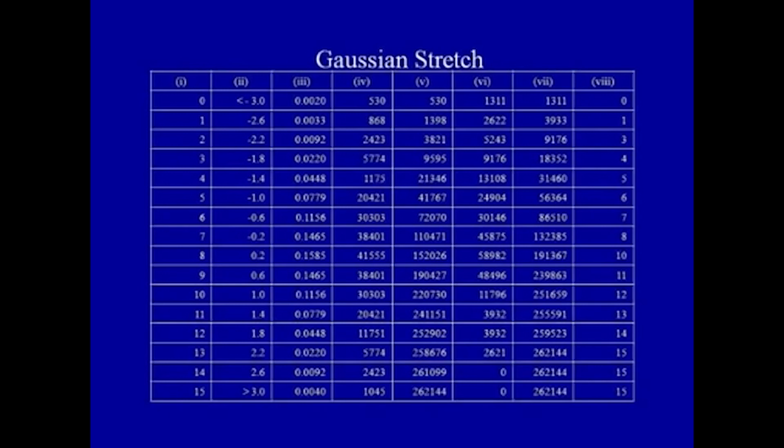Now, we have already computed the cumulative frequencies of this particular histogram while we were discussing histogram equalization, and they have been shown in column number 7. Now, in order to do the remapping, in this particular case, what we try to see is which frequency value in the original data exceeds the Gaussian distribution.